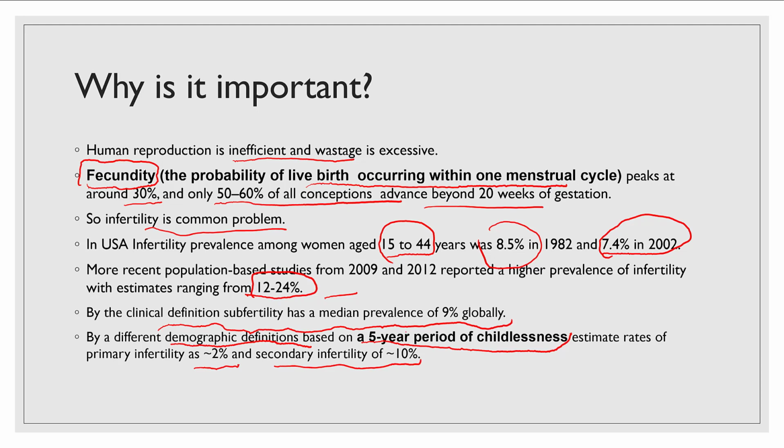So your statistics depend on the way you look at the population. If you go by the clinical definition, then it's around 9% or so. But if you go by absence of children after 5 years, primary is about 2%, secondary is about 10%. So quite a large number of people are really having secondary subfertility.